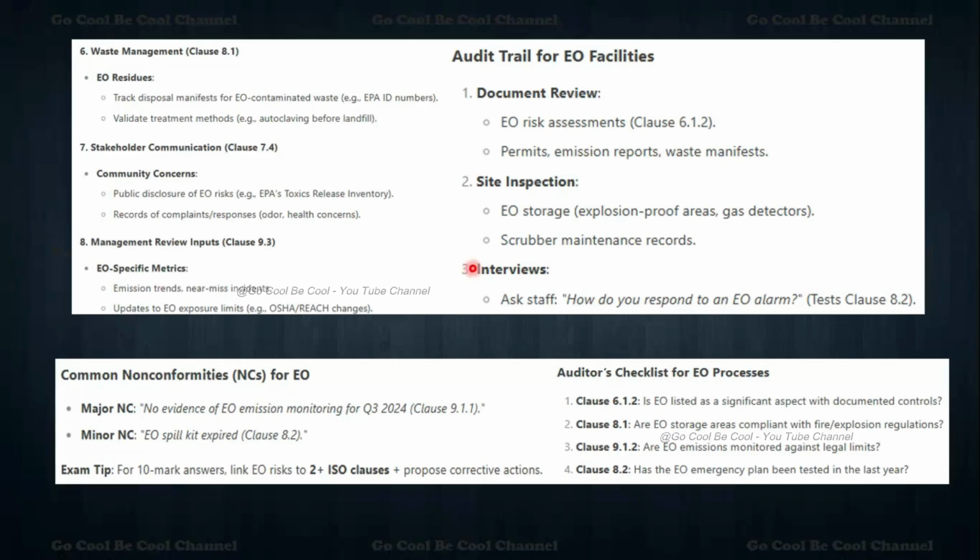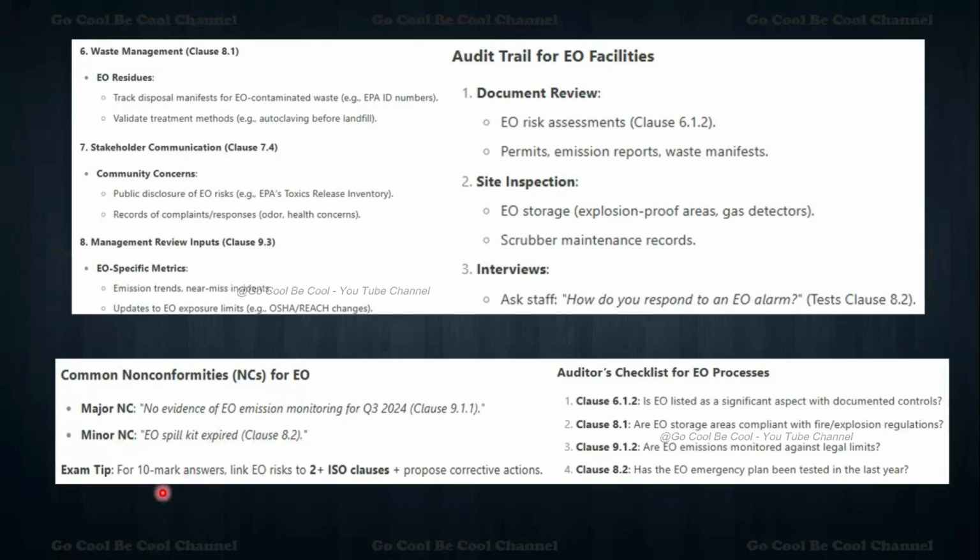Common NCs for EO. So what will be the things we have? A major NC is no evidence of EO emission monitoring for Q3 2024. We have to mention it like this, my dear friends, clause number 9.1.1. And then a minor NC is EO spill kit expired, that is clause number 8.2. That we can also write as a minor NC.